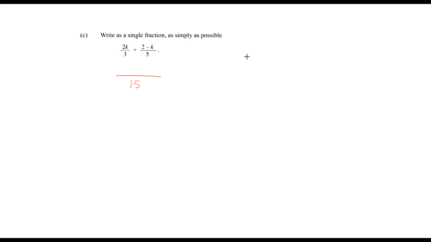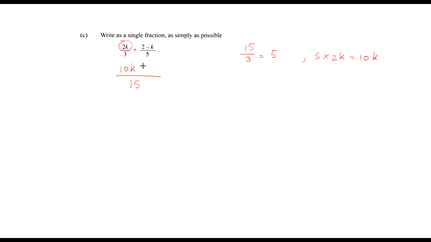And let me show you what I'm doing here. I'm taking 15 and dividing by 3, and I will get 5. Now I'm going to take that 5 and multiply by 2k, and this gives me 10k.